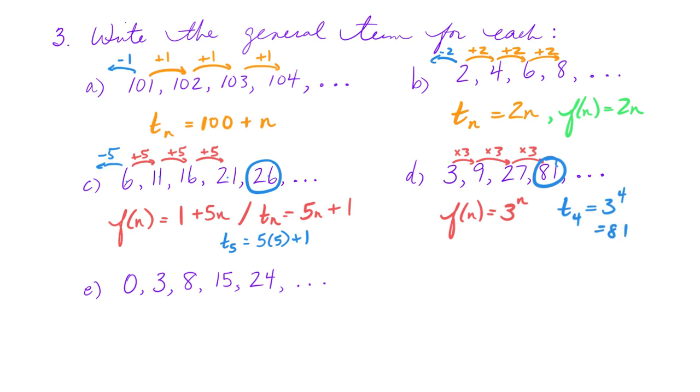Okay, my last one. I take a peek. Well, I'm adding 3, then I'm adding 5, then I'm adding 7, then I'm adding 9, and I started to write multiplies in there.